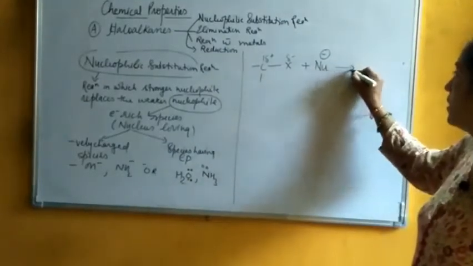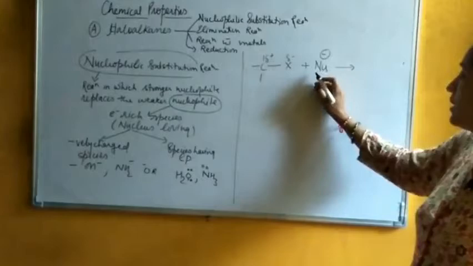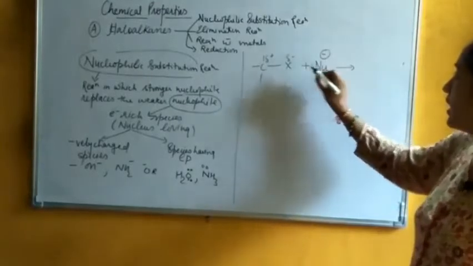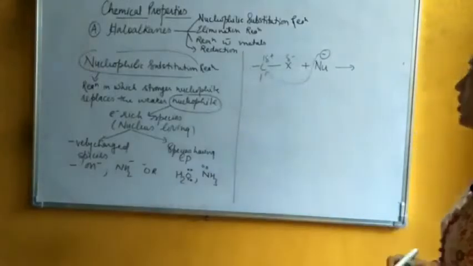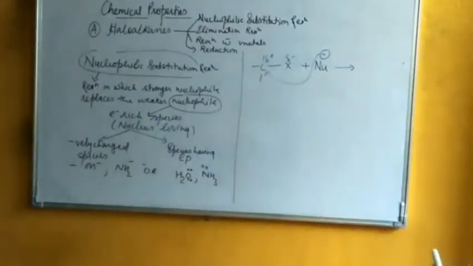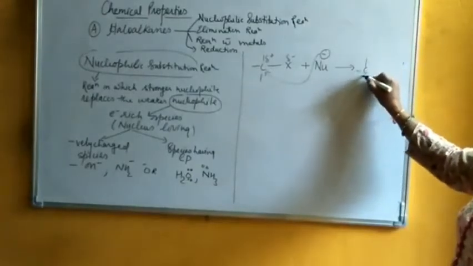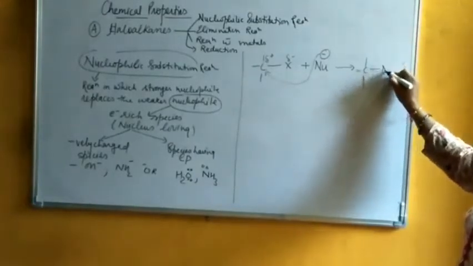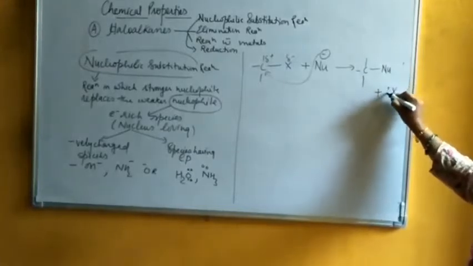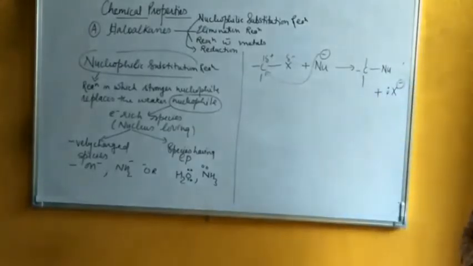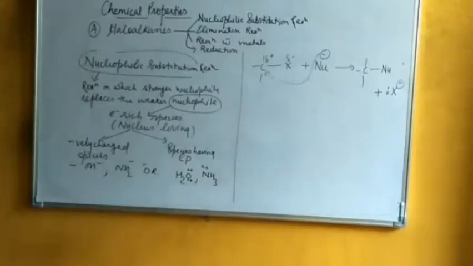Since it is stronger than this halide ion, it is going to attack the positive center, and the replacement will take place in this way, and the negatively charged halide ion will be replaced.